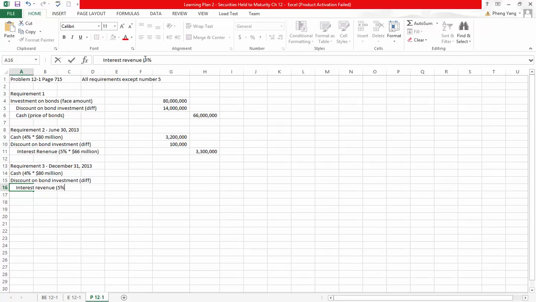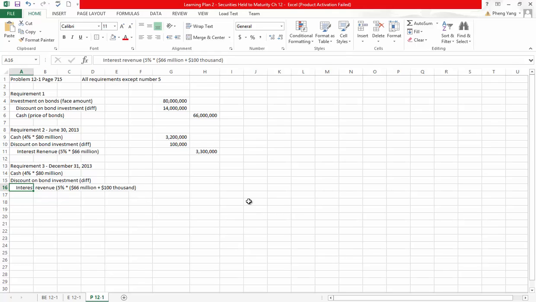with the 5% times the 66 million. And we must add in this 100,000 of bond discount. If you're wondering why we're doing that, on page 657, under the recognized investment revenue area, it shows you the reasons why we record interest revenue under this method.